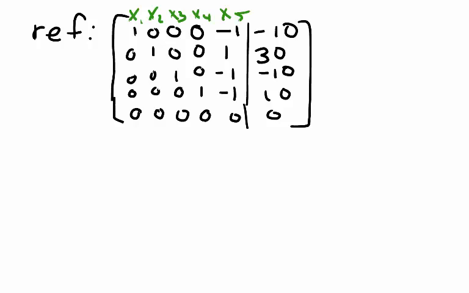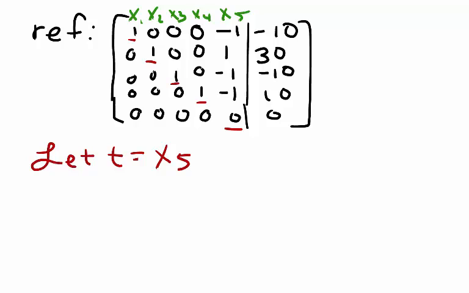Now here, we see that we have lead coefficients for x1, x2, x3, x4. And note that for x5 we have a 0, so we're going to let t equal x5.